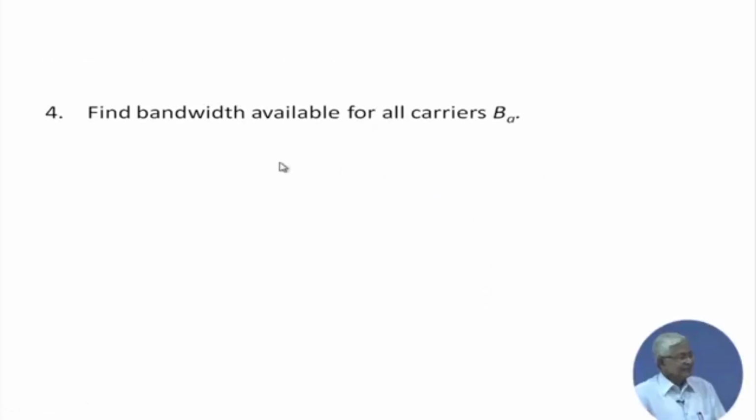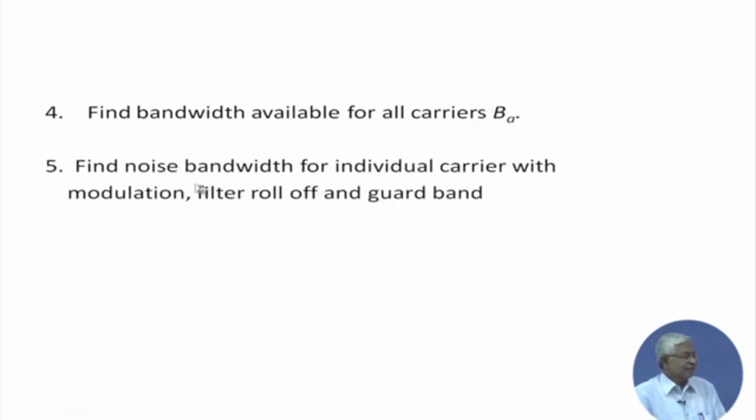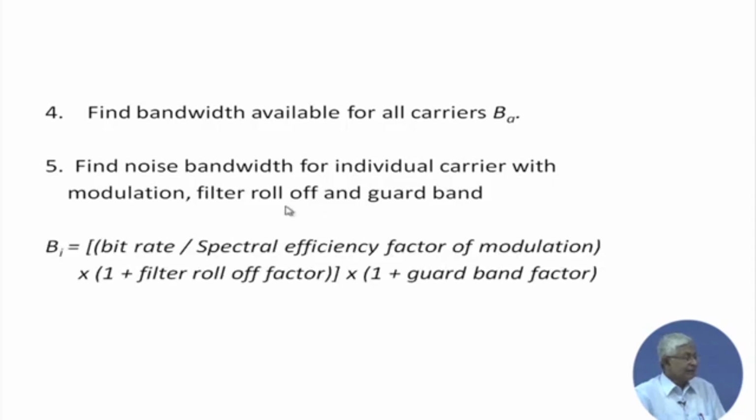That is power wise. Bandwidth wise is also easy. Find the bandwidth available for all carriers, that is the total bandwidth supported by the transponder in the full transponder case. Find the noise bandwidth of the individual carrier with the modulation, filter roll off, guard band, etc. How do you calculate that?